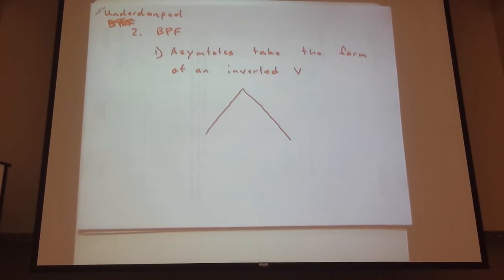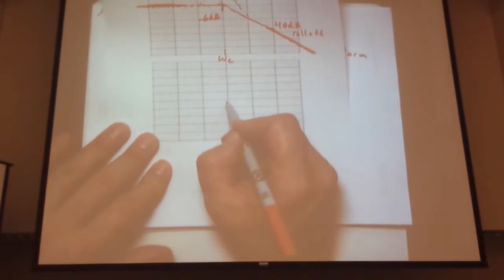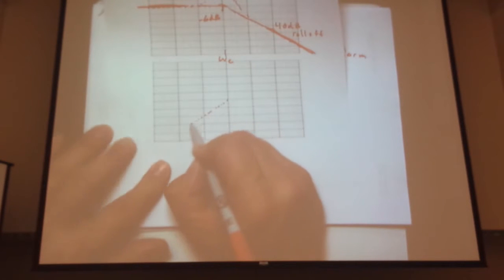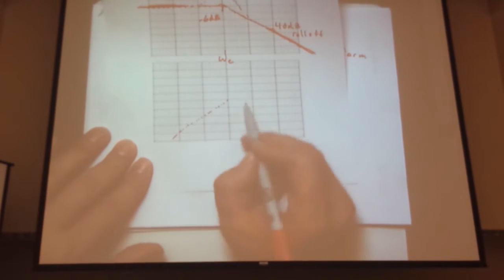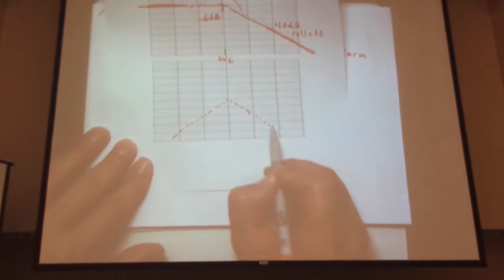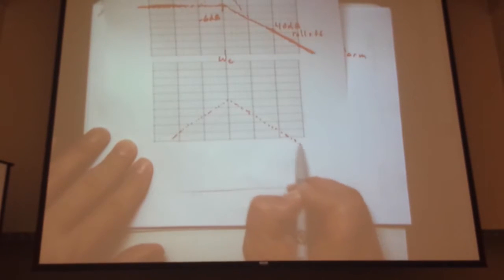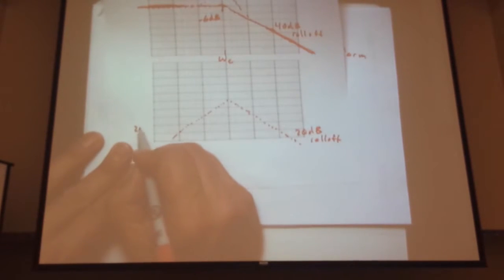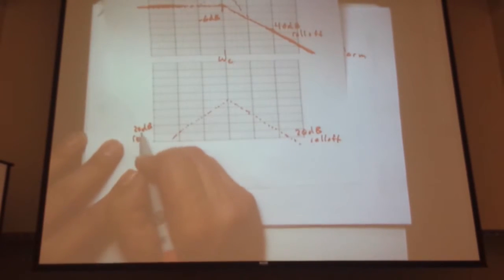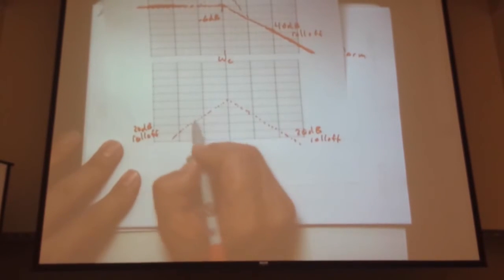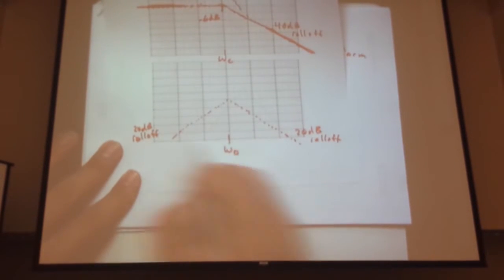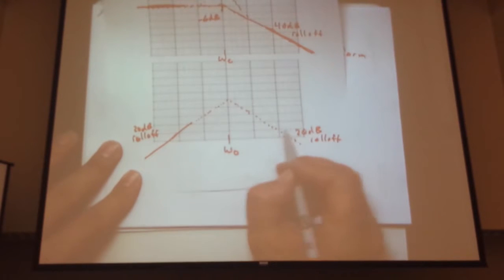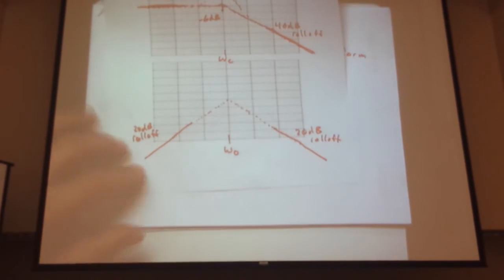And so we can take a little Bode plot, and our asymptotes will be something like this. There's our dashed line. And each of these are 20 dB roll-off. We're just talking about a second order filter. 20 dB roll-off and 20 dB roll-off. And again, as we get far away from omega naught, this is accurate. We can fill that in.